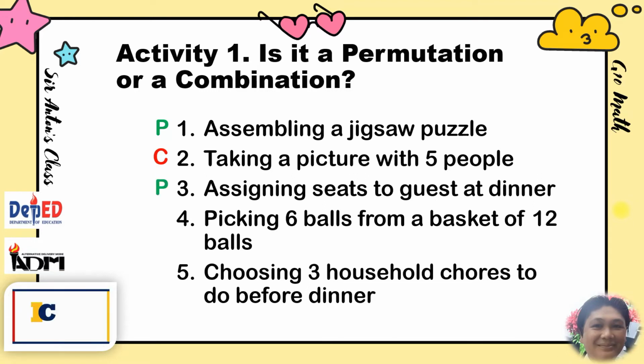That is another permutation. And number 4, picking 6 balls from a basket of 12 balls. That is a combination. And number 5, choosing 3 household chores to do before dinner. That is a combination. Okay? So please take a look at the activity and then analyze why it became permutation and why combination.